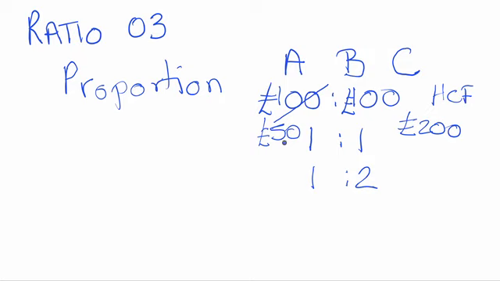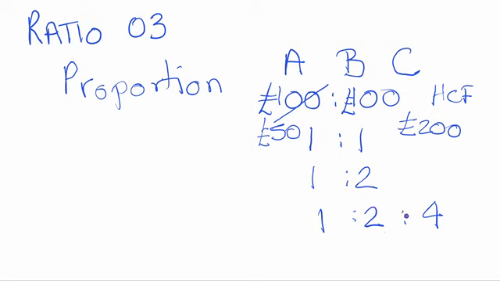So 50 goes into 50 once, 50 goes into 100 twice, 50 goes into 200 4 times. So the proportions or the ratios are 1 to 2 to 4.